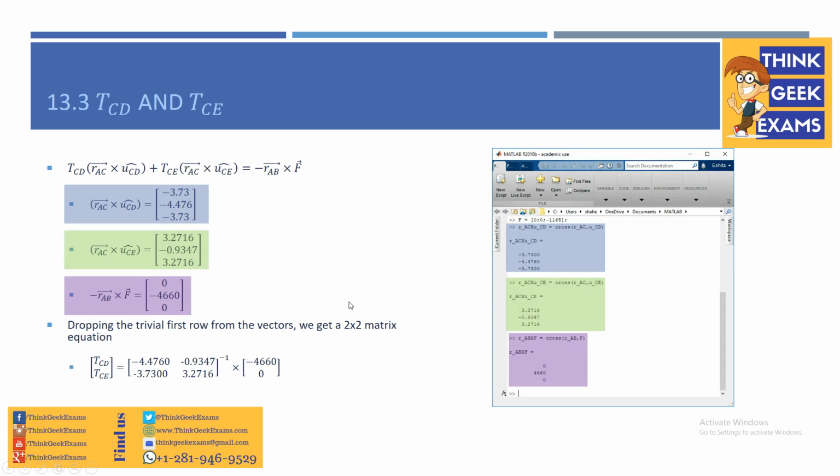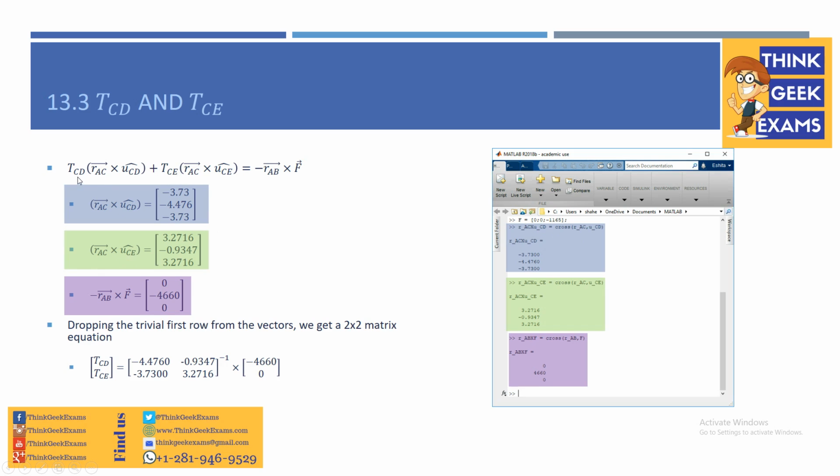Then what we need is to multiply out RAC and UCD to calculate the vector coefficient that we need to multiply to TCD. So this is a vector coefficient that we're trying to calculate. RAC cross UCD is calculated over here, and that is this number over here, and we store that over here as well. RAC cross UCE is the vector coefficient of TCE.